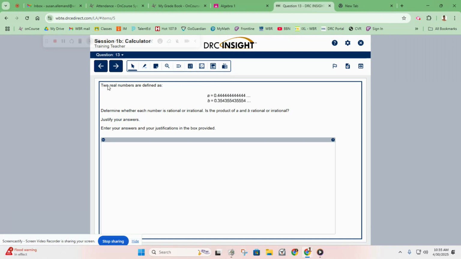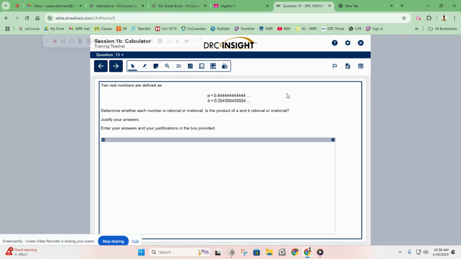All right, for question 13, 2 real numbers are defined as this. The A is 0.4, repeating. These dots at the end mean that pattern continues. Something like this can be written as a repeating decimal using that line up at the top, okay? This won't show up on the video, but I'm just going to show you.